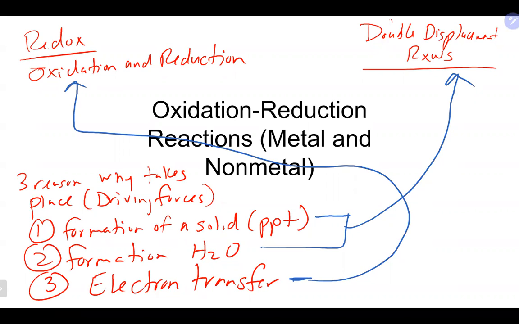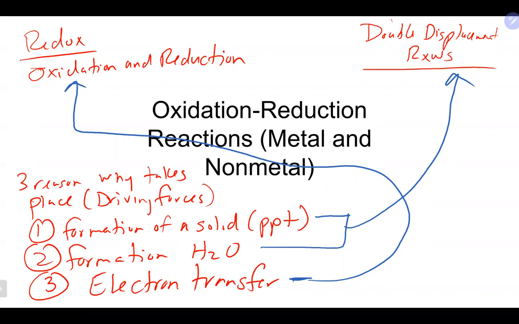So those two classifications cover all three reasons why a reaction takes place. And they all do boil down to one of those three things happening. Either electrons have been transferred, you made water, or you made a solid, pretty much.